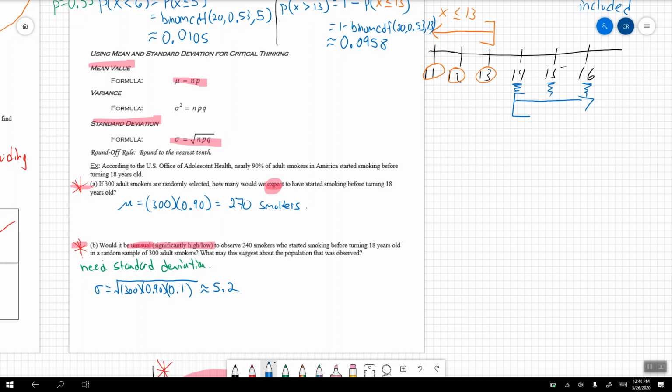Now, what we want to do is create this interval that we're going to be looking at when we want to see what is higher or lower, in other words, significantly high and significantly low.